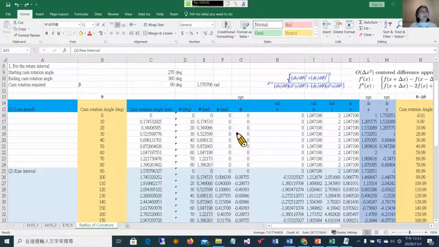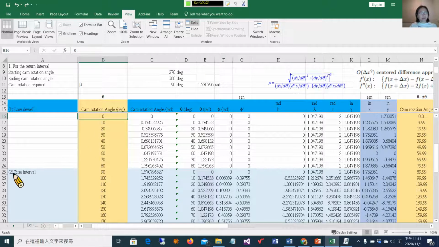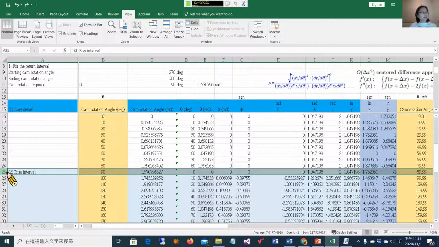We calculate 3 sets of the coordinates of the cam profile based on 3 cam angles, theta minus delta theta, theta, and theta plus delta theta for each cam rotation angle theta. For example, the cam angle is 19 degrees.